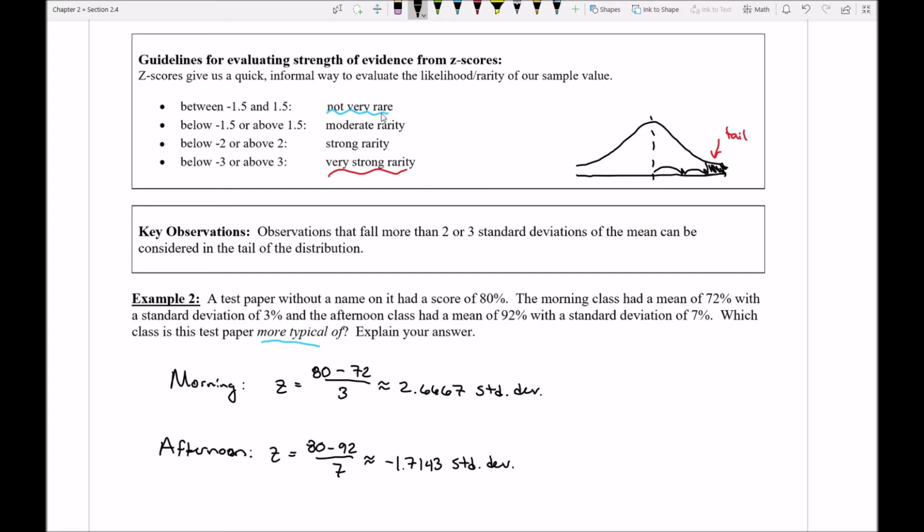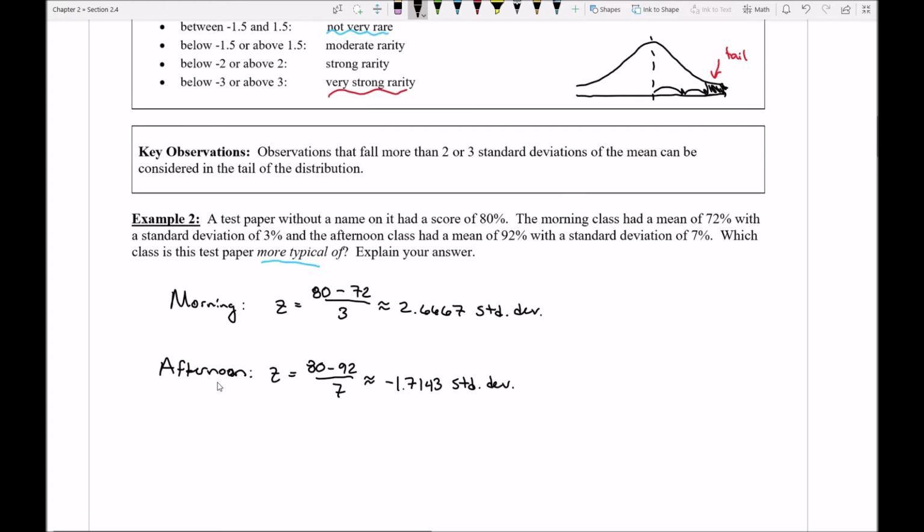However, since I'm interested in just determining which class the test paper is more typical of, I can think in which class is this test paper less rare or the least rare. And so it seems that the exam would then be more typical in the afternoon class, since that's only moderate rarity, whereas in the morning class, I'm starting to get towards strong or very strong rarity. So I would go ahead and say that the exam is more typical of the afternoon class.